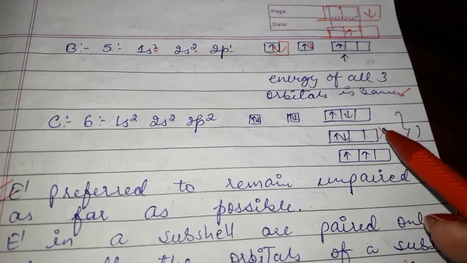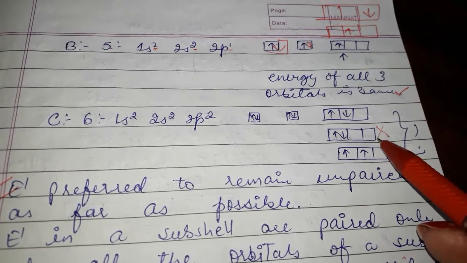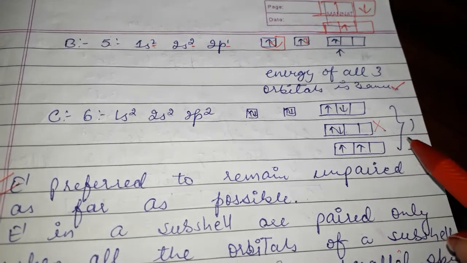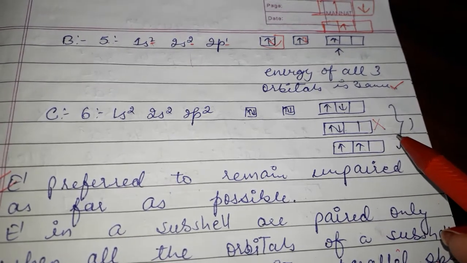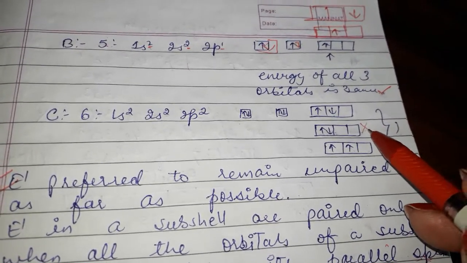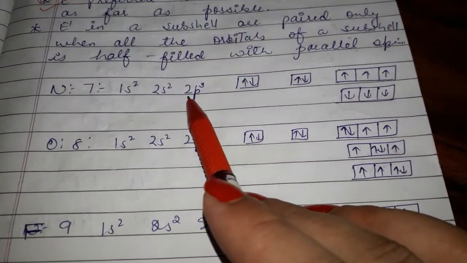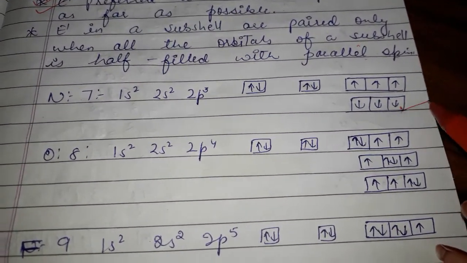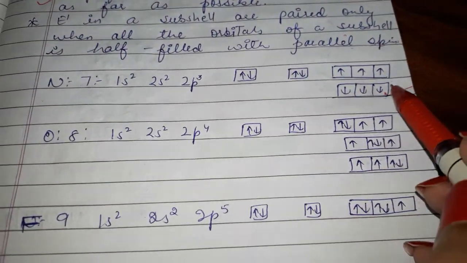You can't do pairing until all the orbitals are half filled. You have to fill the orbitals first. All the orbitals should be half filled, then you can do pairing. So this arrangement is wrong. This is true.